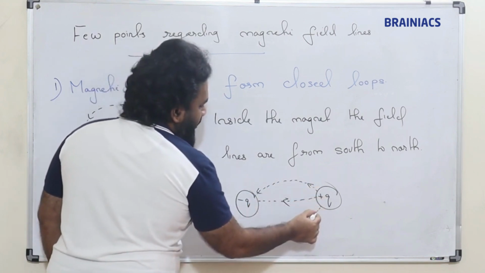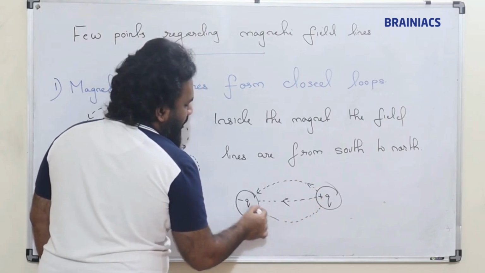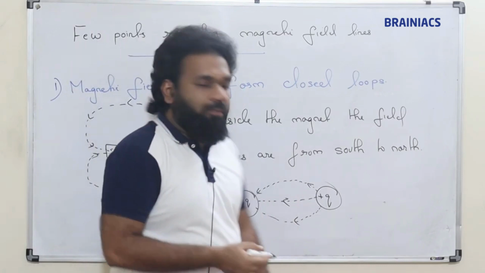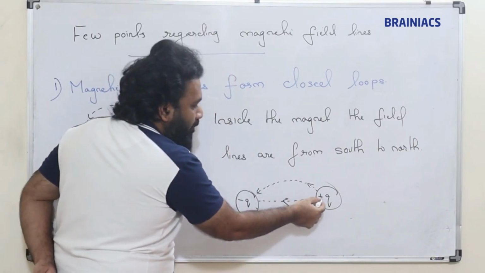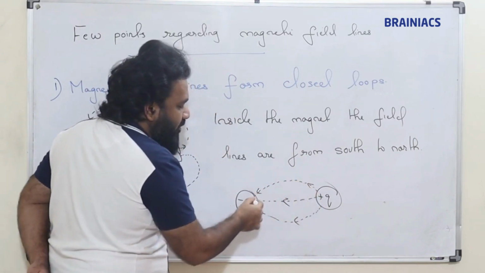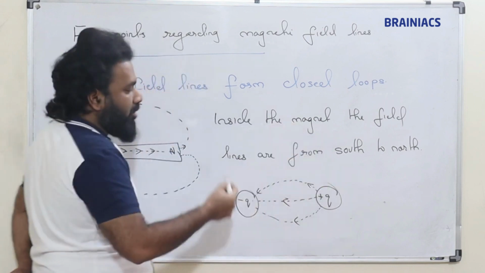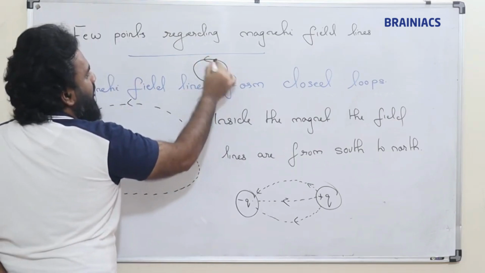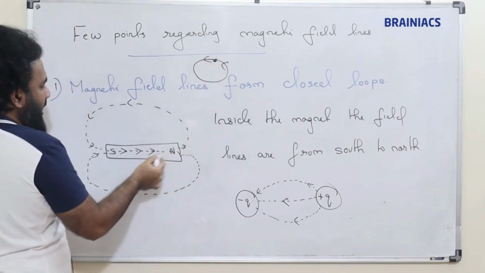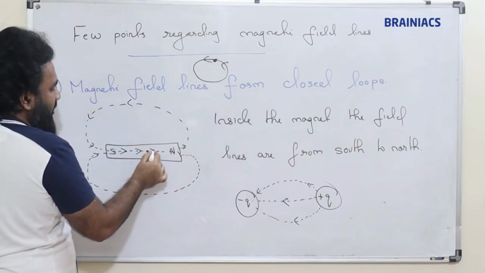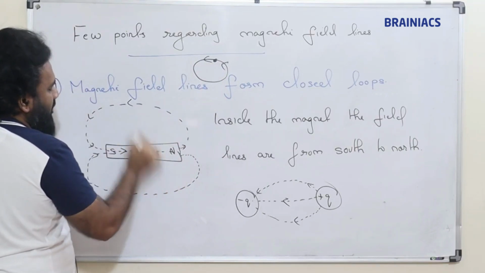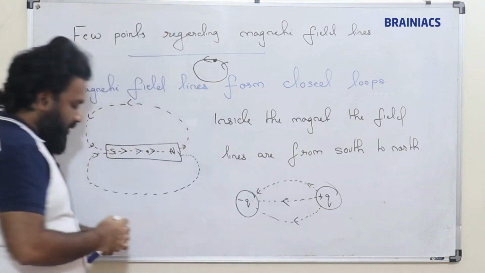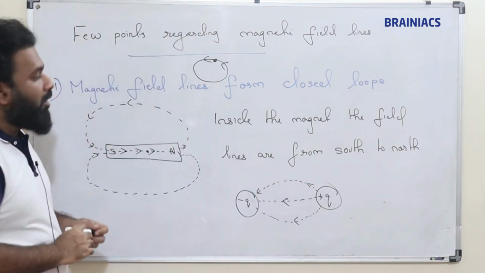Correct? So they don't form closed loops. From the plus charge it emerges and stops at minus q, not coming back. Closed loop means if it is the starting point, it should come back to the starting point. Here, if we consider this point, it is again coming back to this point itself. But here, this is only unidirectional. Clear? Note down.